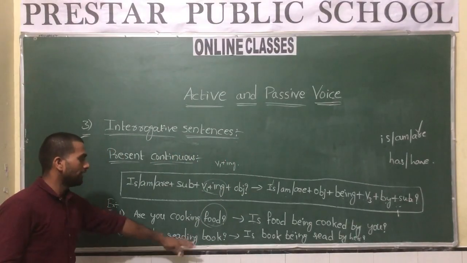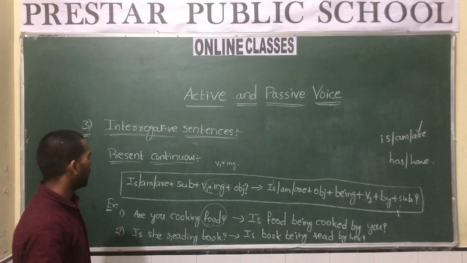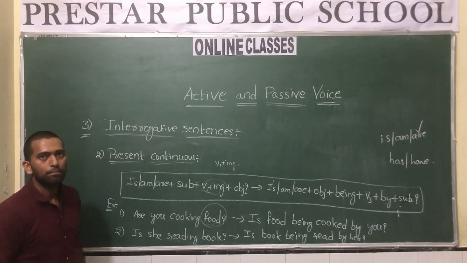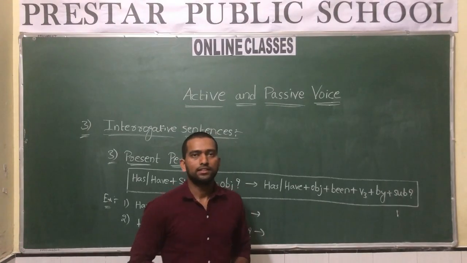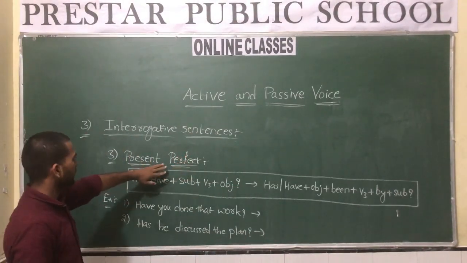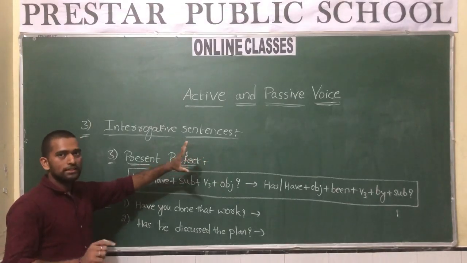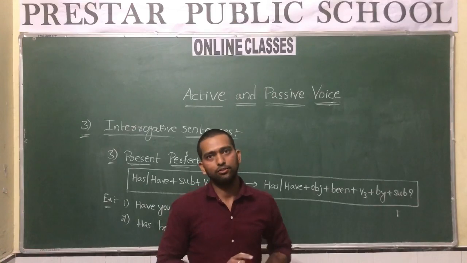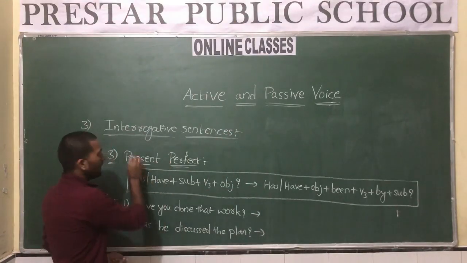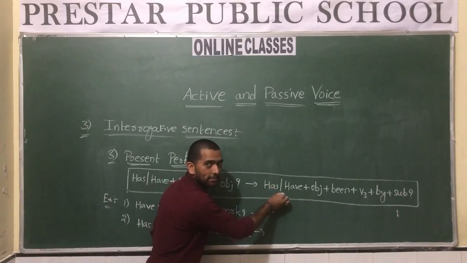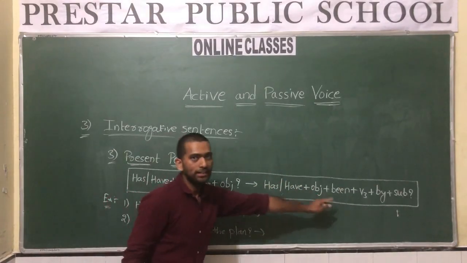Is she reading book? Now let us discuss the third type, which is present perfect tense. Here we follow the same structure as in assertive sentences, but in interrogative sentences the difference is that the helping verb takes the first position, followed by the object.